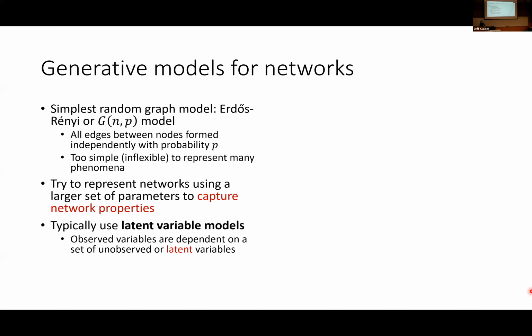A tool we often use is latent variable models, where your observed variables, so your data, are dependent on a set of unobserved or latent variables. We typically assume that the observed variables are conditionally independent given those latent variables, so that those latent variables are capturing the structure in the data.